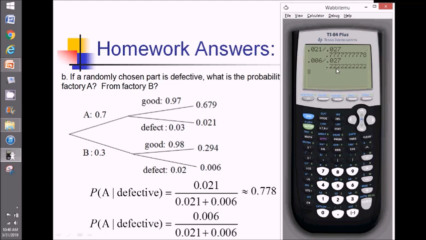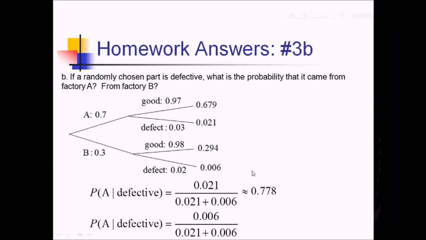Comes out to 0.222 if we round that off. And these should add up to 1 because this was all the defective pieces that came from A. This was all the defective pieces from B, and we were already given that it was defective. So our total pool here was the defective parts.